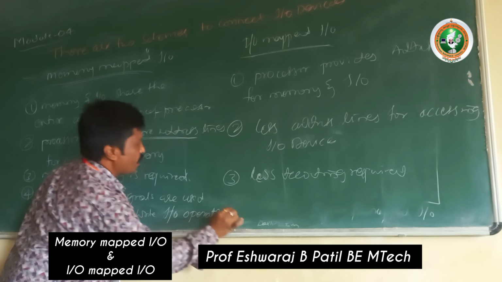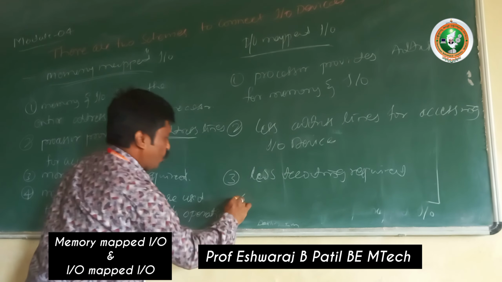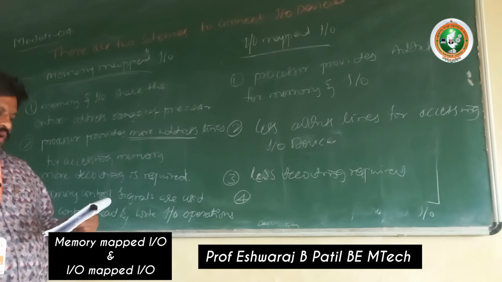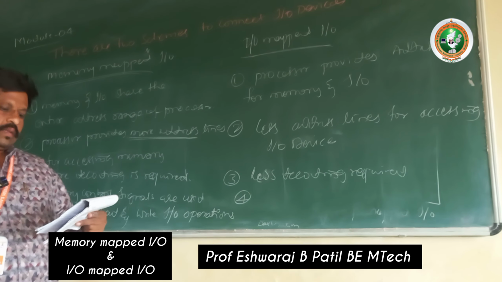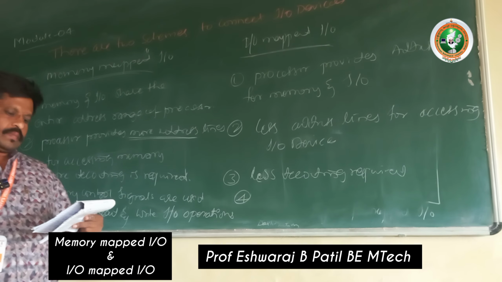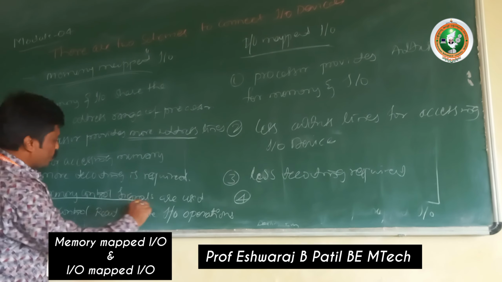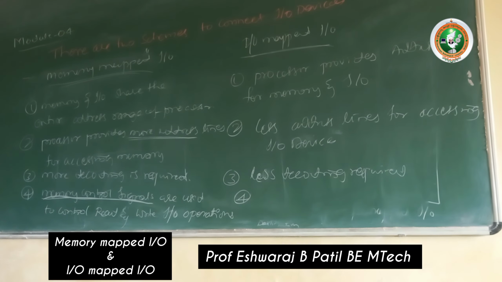Okay, fourth one: here IO control signals are used to control the read and write IO operations. Here only the memory control signals are used because of the single bus. We use the same instruction set for both the memory and the IO devices.